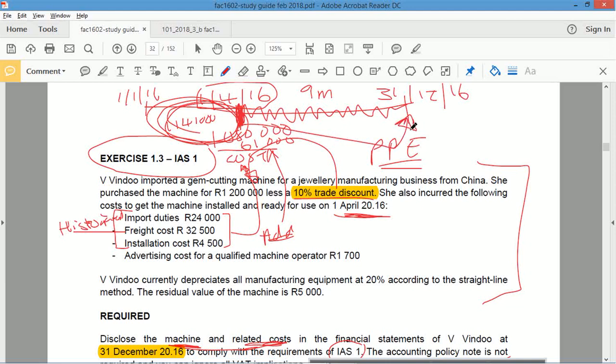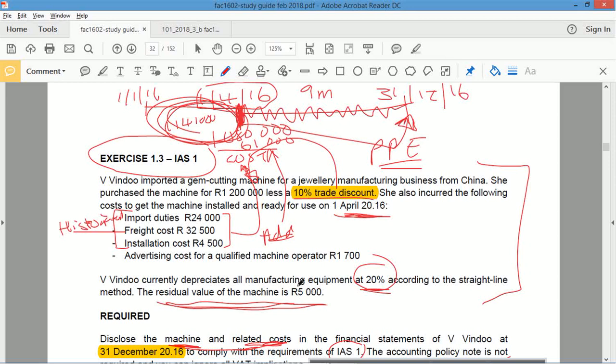Okay, so what happens to an asset over time? It accumulates depreciation. Exactly. You're using it, right? So if you use the machine, will it increase in value? Decrease. Exactly. So now, how am I going to get the depreciation for this asset? The straight line method. Good. What's the rate? 20%. Okay. Is there a residual value? Yes, 5,000.